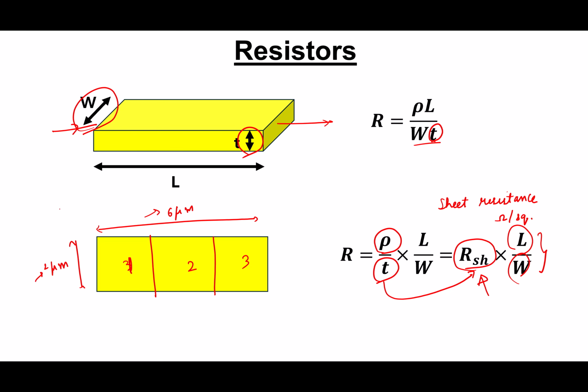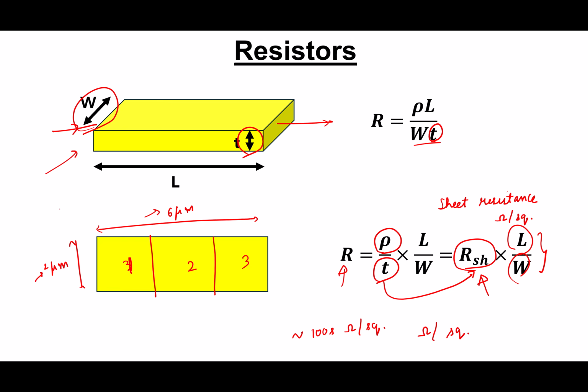So if you know the number of squares and the sheet resistance, you can get the total resistance. To differentiate this from the total resistance, we give this the unit ohms per square. That's all. The typical numbers can be in hundreds of ohms per square, depending on the material used for making the resistor.